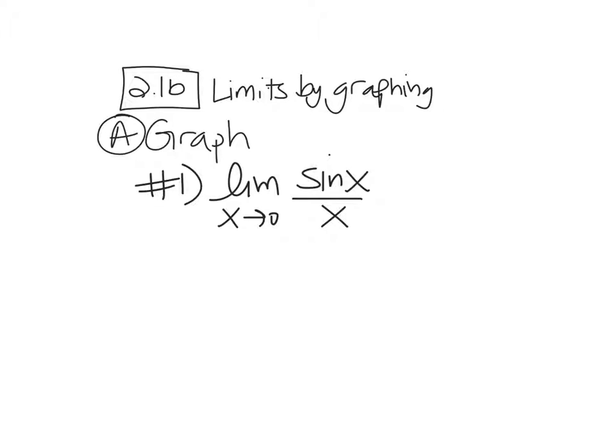Now, a nice way to do this is to check what y is on either side of x is 0. I can hit trace and plug in 0.0001, and y is 1. I can plug in negative 0.0001, on the other side, and y is 1.